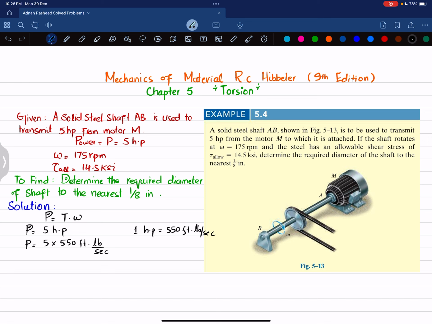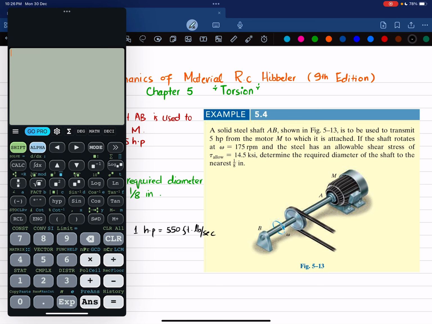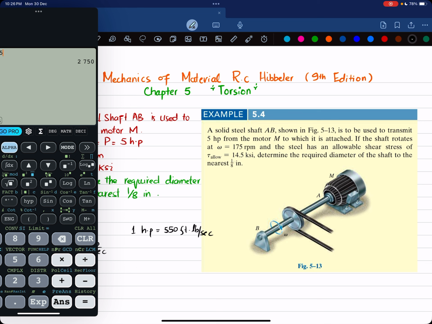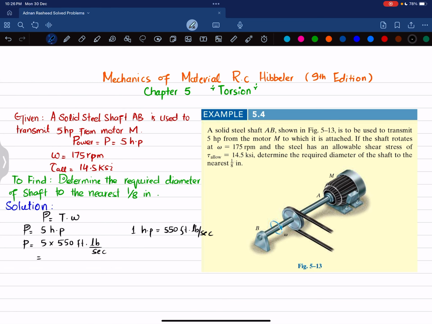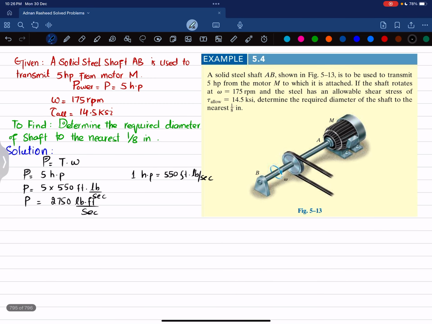So let's multiply this. 550 multiplied by 5 is 2750. So I can write it as 2750 pounds-feet per second. This is the power. And we know that omega is given as 175 RPM.